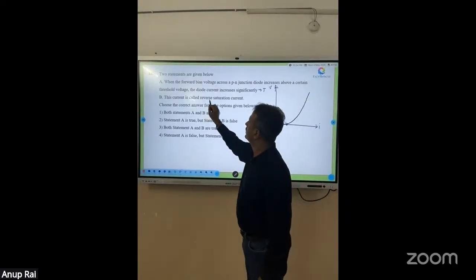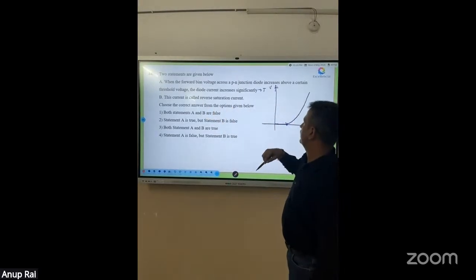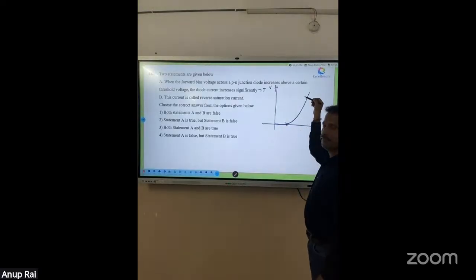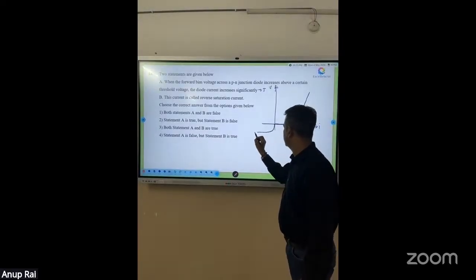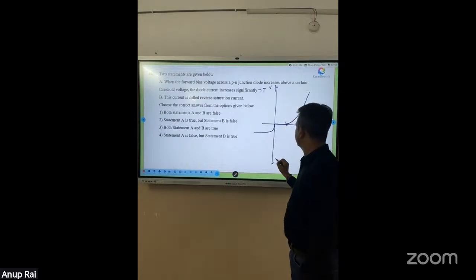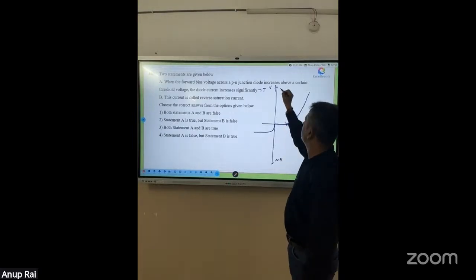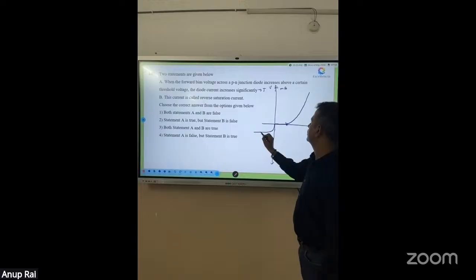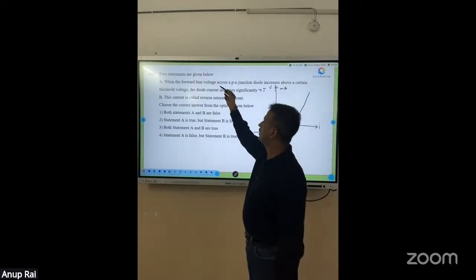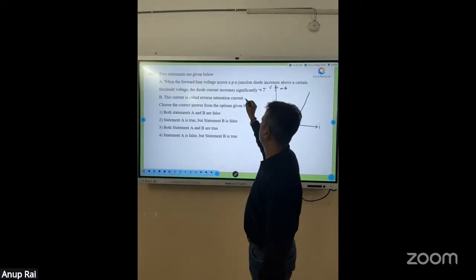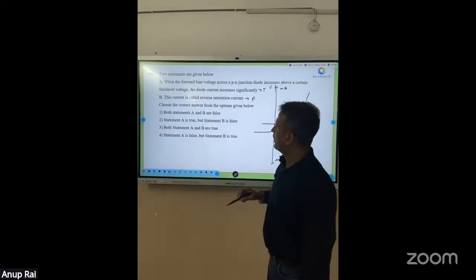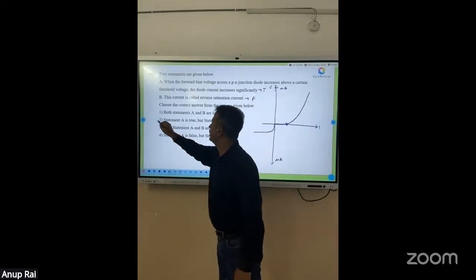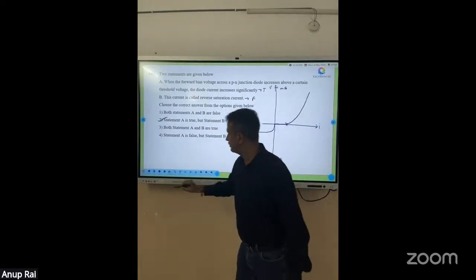Now, this current is called reverse saturation current. In forward bias, we don't define any saturation at all. It happens in the reverse bias. That we take in microampere, while here we take milliampere. So saturation has nothing to do with forward bias. So this statement is false. Statement A is true, but B is false.